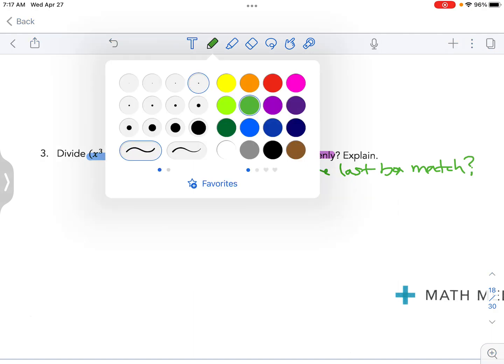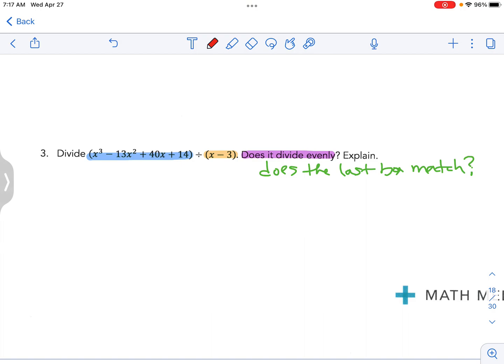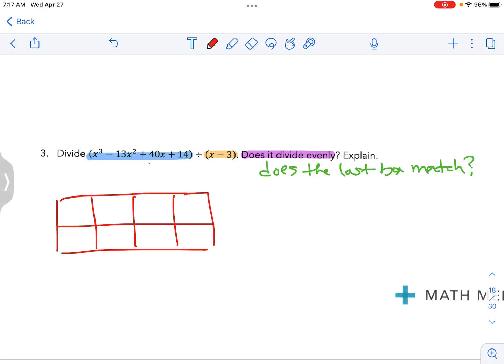Okay, so let's set up the area model here. So 1, 2, 3, 4 by 2 it looks like we need. So we need a little bit longer box. We need a 4 by 2 box. No, I take that back. We don't need a 4 by 2 box.